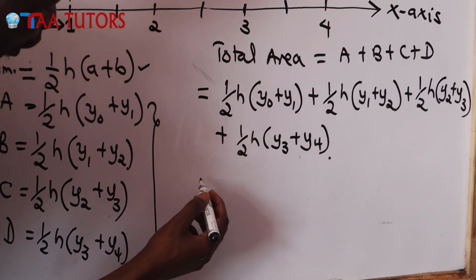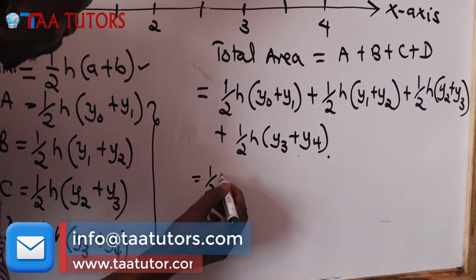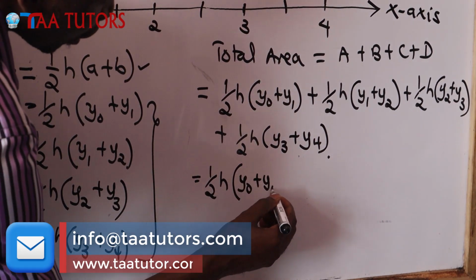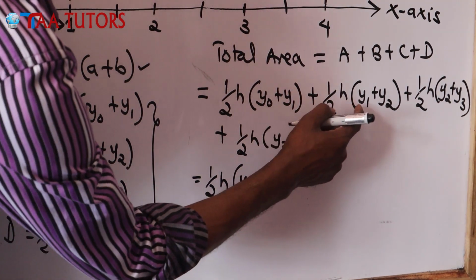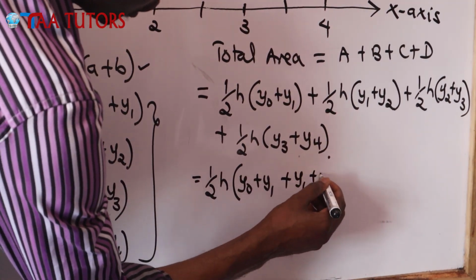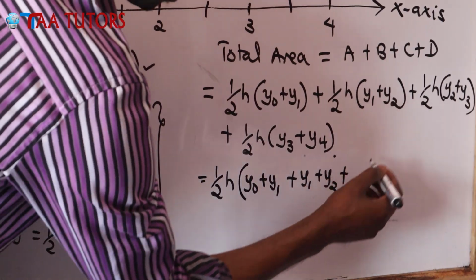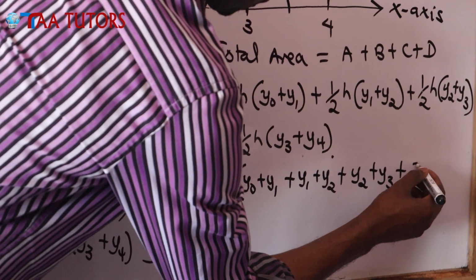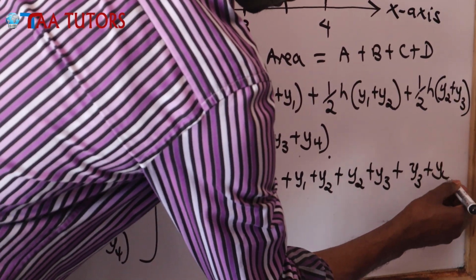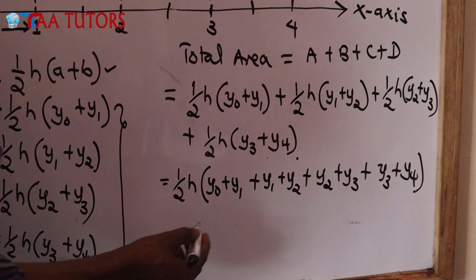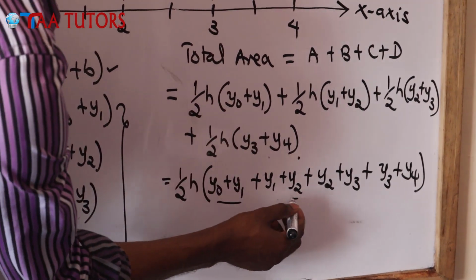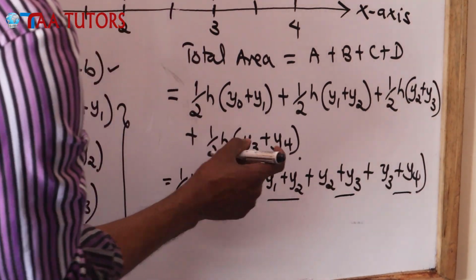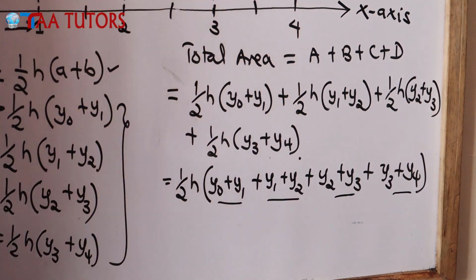By factorizing a half h, we are going to have a half h into y0 plus y1 for area A, plus y1 plus y2, plus y2 plus y3, plus y3 plus y4. This one is for area A, this for area B, this for area C, this for area D, and the half h we have factorized out there.